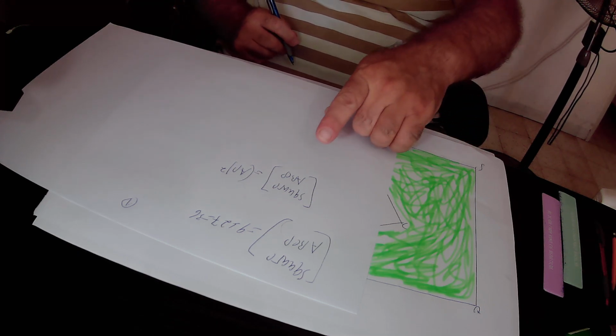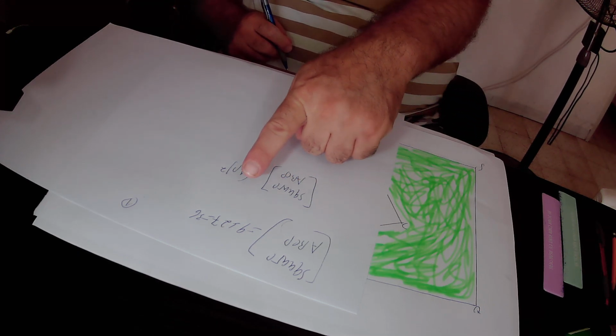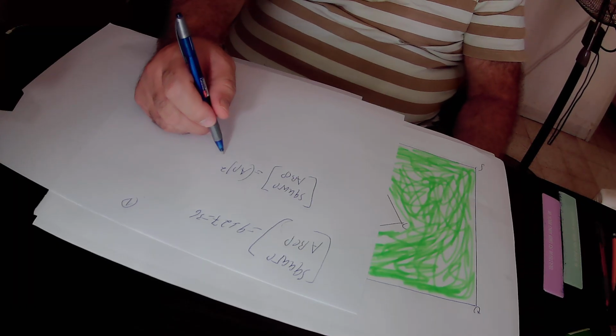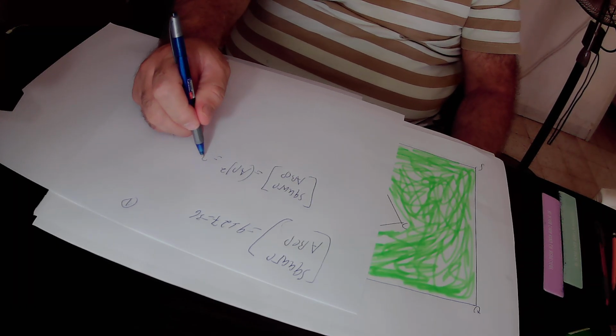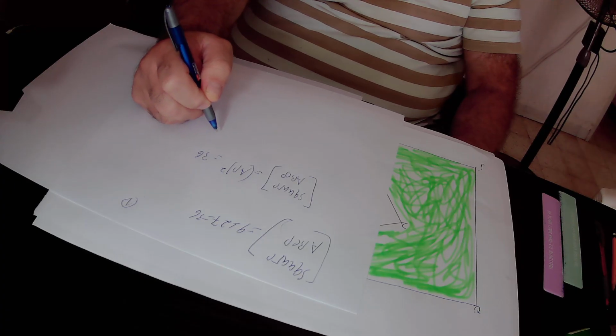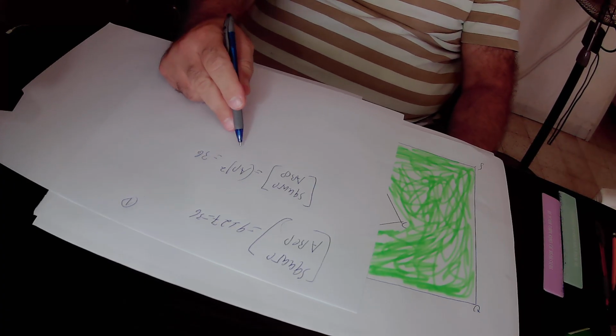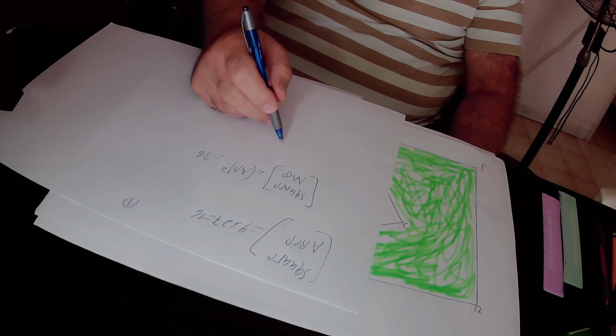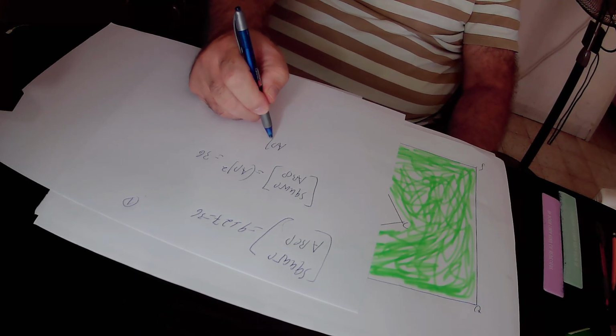But we know that the area equals 36 square units in size, so we can write here that AP squared equals 36.